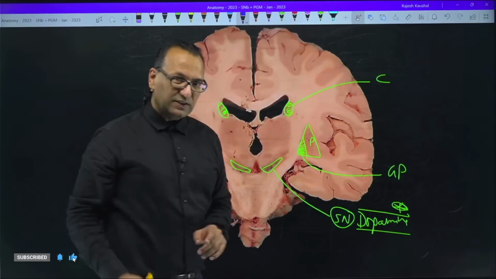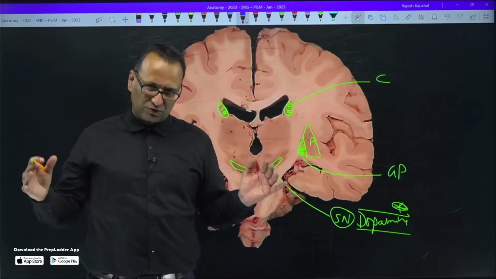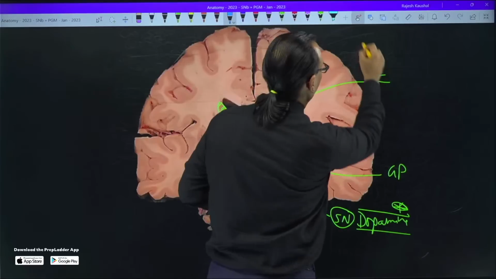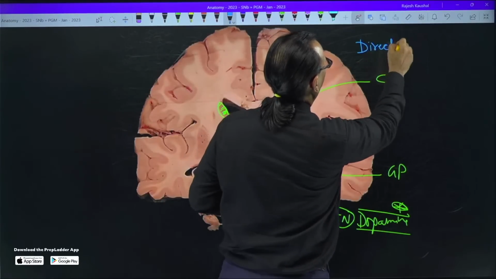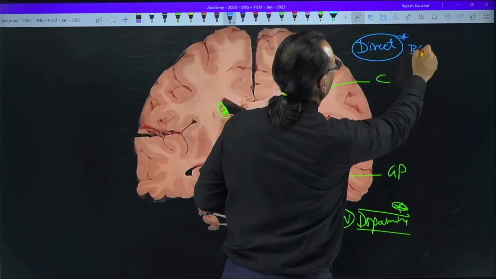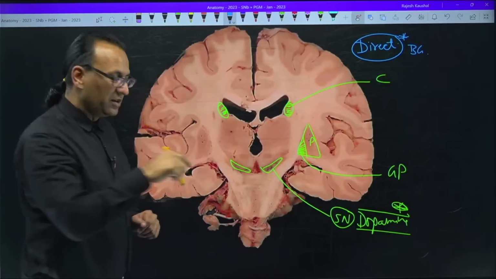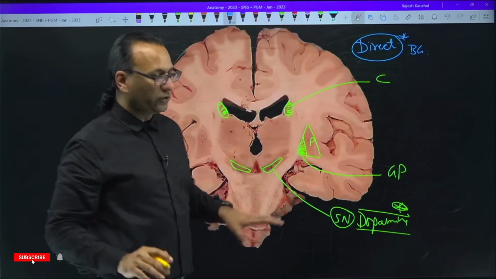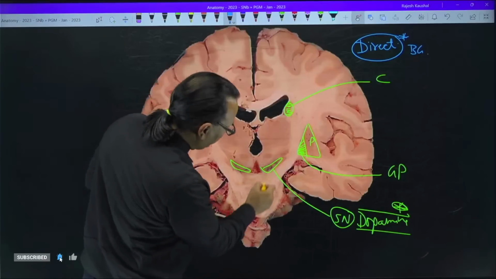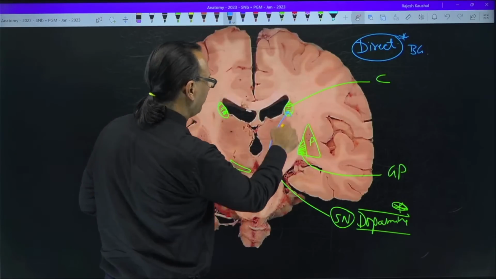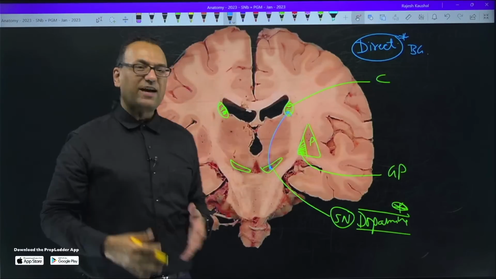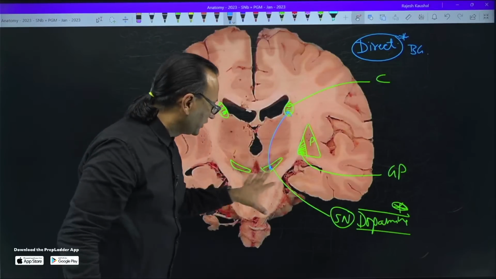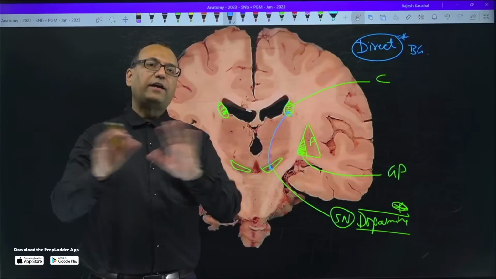So I have read a lot of things, but to simplify, the question was on the direct pathway. Where will the direct pathway begin in the basal ganglia? It begins at the level of the substantia nigra. I'm not going into much detail, just trying to take care of that question. From the substantia nigra, a dopamine pathway is given, which is called the nigrostriatal pathway. Nigro means substantia nigra, striatal means caudate putamen.